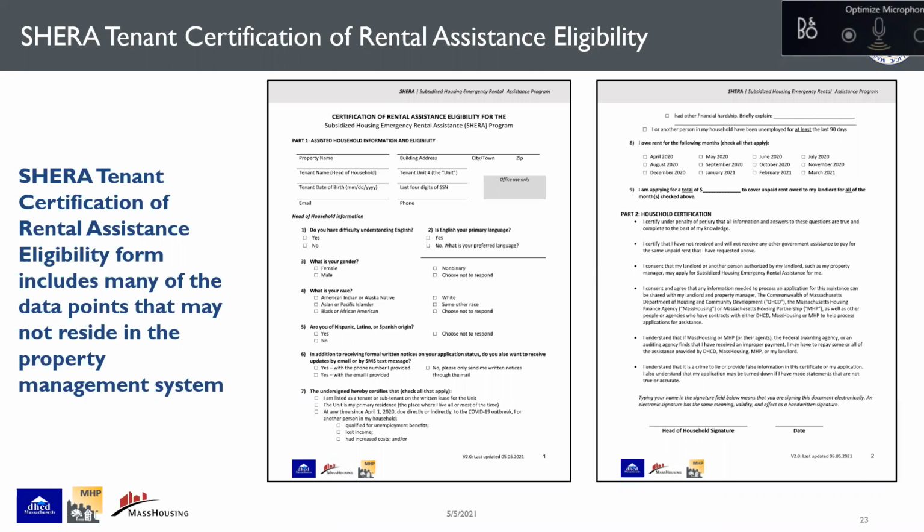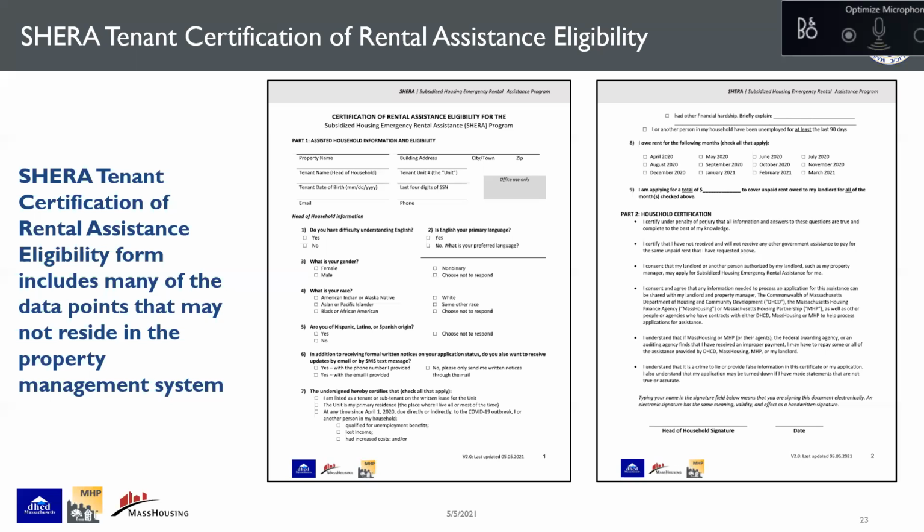As part of the form, there are sections on language proficiency, gender, race and ethnicity, as well as method of communication preferences. The head of household is certifying that they are a resident of the unit and that they were directly or indirectly impacted by COVID-19.